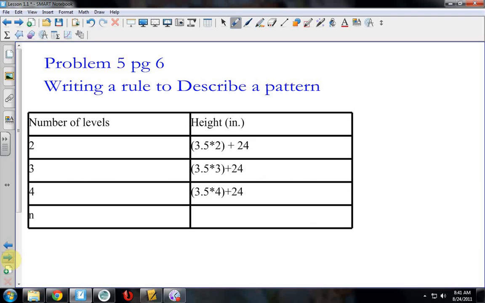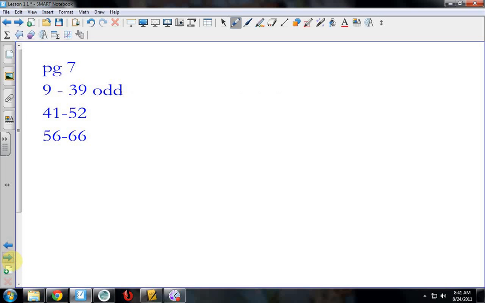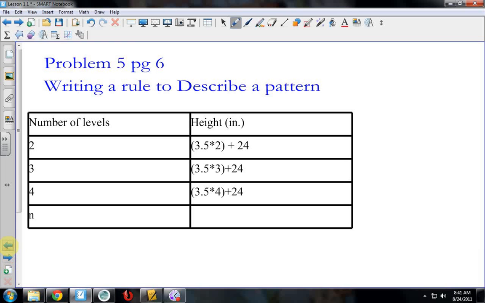All right. Another thing that we're going to do is we're going to be writing a rule to describe a pattern. Okay. So in this one, we have levels and then a height in inches. And if you look in your book, it's got a picture of a card house, like a deck of cards playing house.